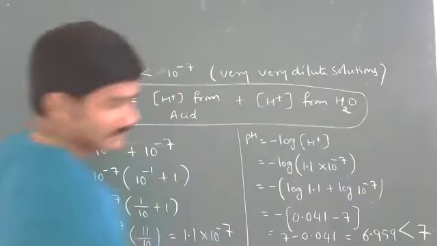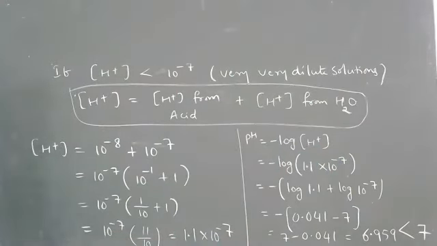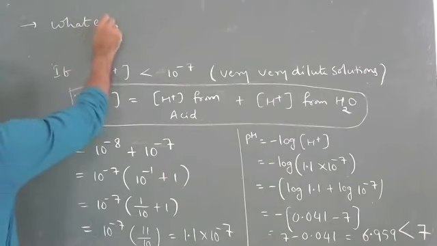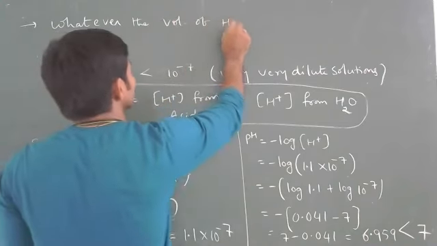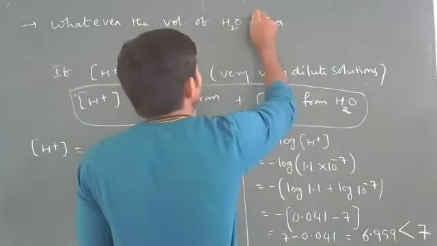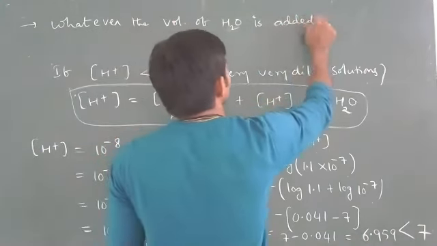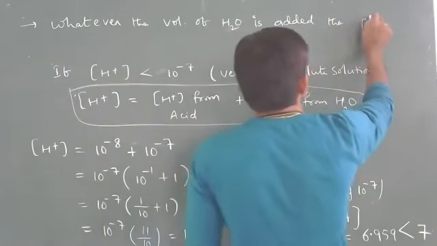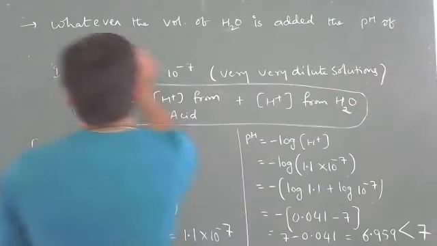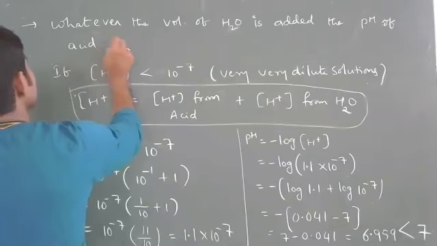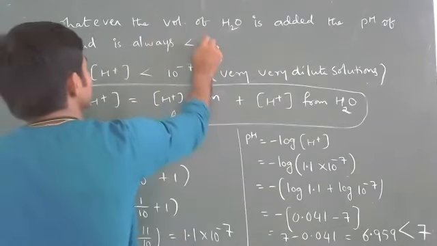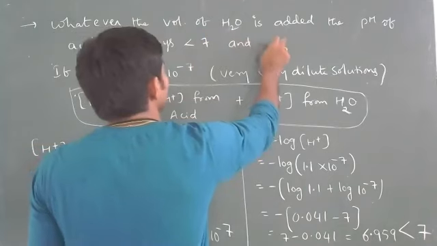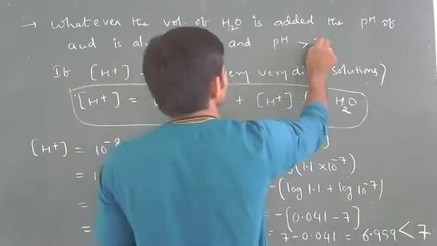What we'll write is a few points about this. Whatever volume of water is added, the pH of acid is always less than 7 and pH is greater than 7 for bases.